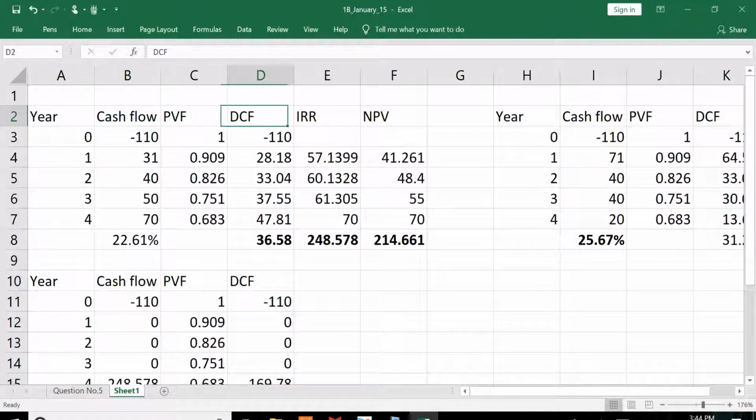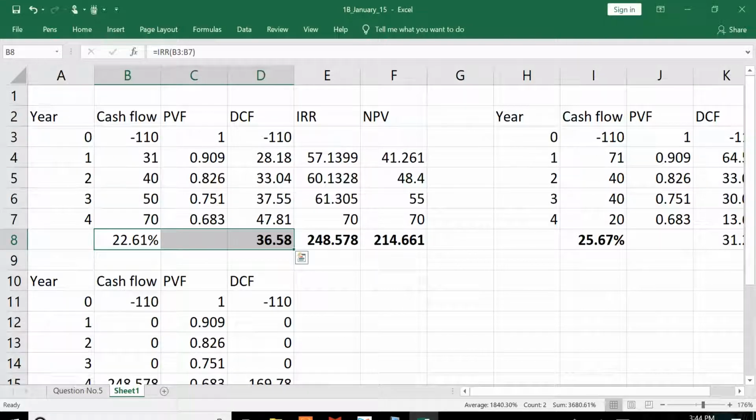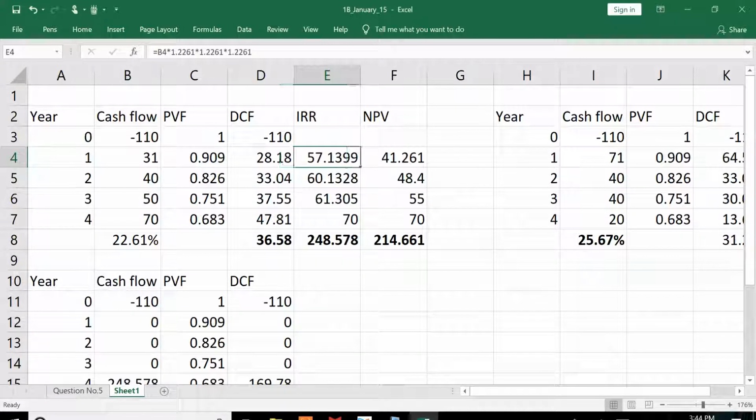This part should be very clear to you. How to calculate NPV and how to calculate IRR is known to you, so we know these two numbers. An assumption of IRR is that whatever you get will get reinvested at 22.61%. So what I get in the first year will increase by 22.61%, will further increase by 22.61%, and further by 22.61%, and you will get this number in the fourth year.